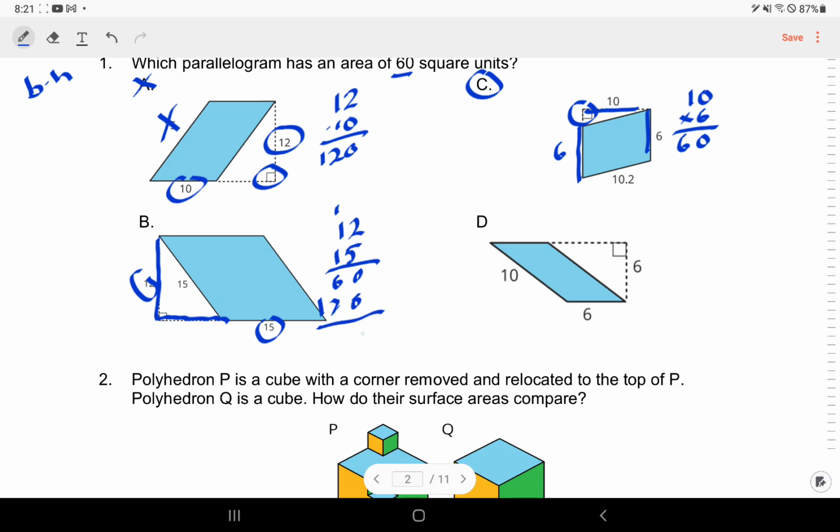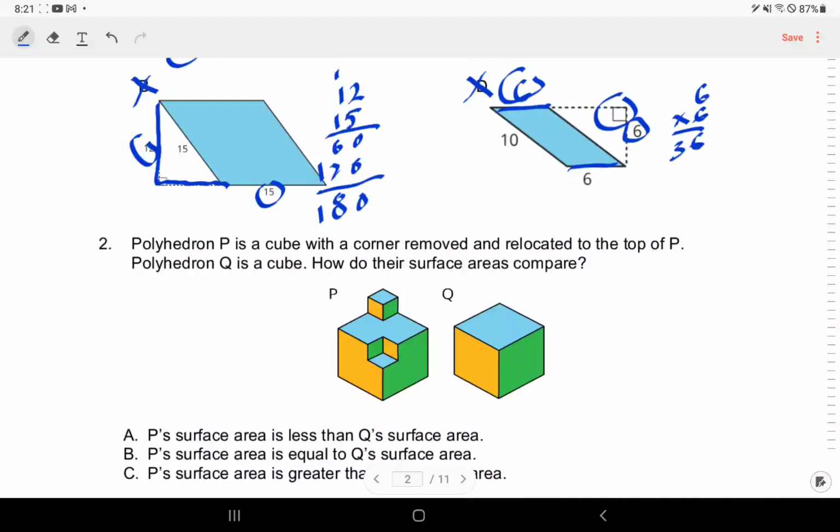And so 0 and 0. 2 and 6 is 8. And 1. Oh, 180 is not 60. And again, right angle. If this is 6, that's 6. So we're going to use 6 and 6. 6 times 6 is 36, which is not 60. And so, yeah, has to be C.